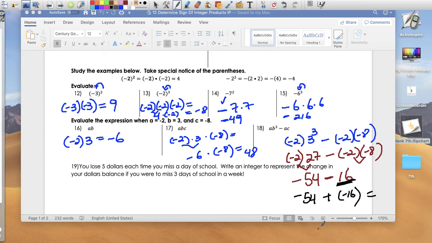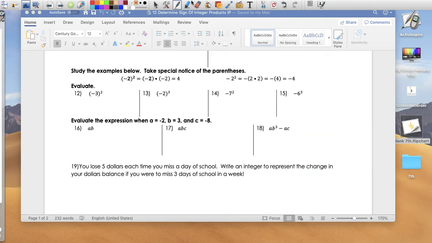Now we're going to add these two. It's a negative plus a negative, so anytime we add two negatives, the answer is negative, and it just goes further down on the left side of the number line. So we're moving further away to the left, and that equals negative 7. That's where we end up.